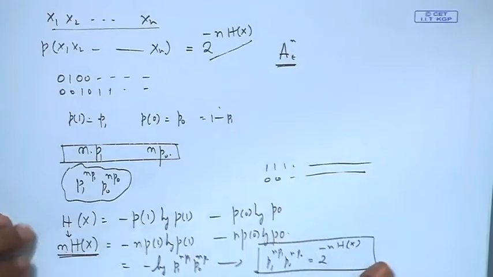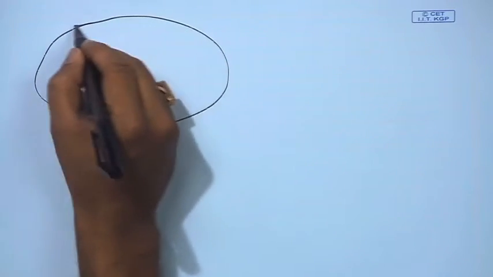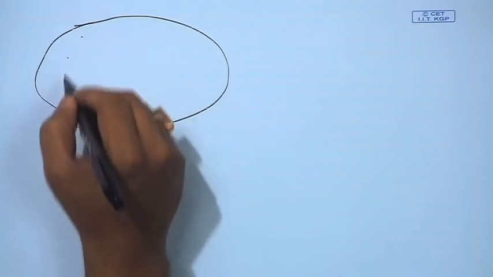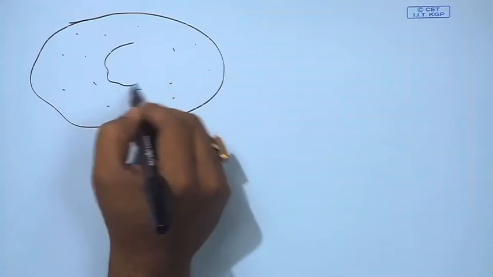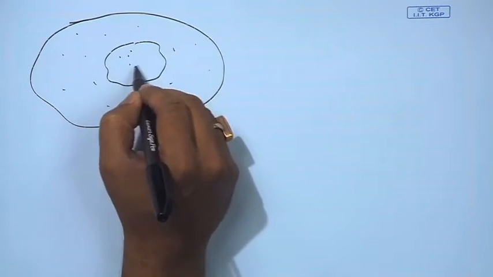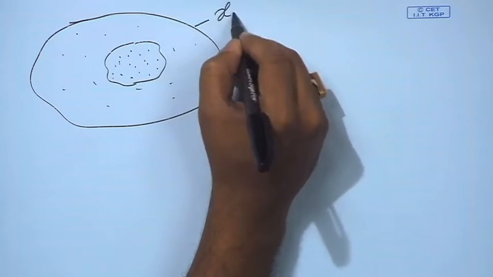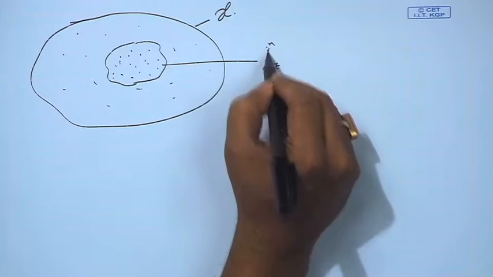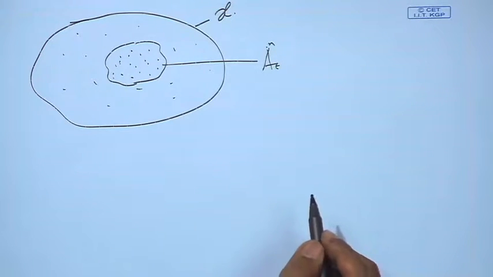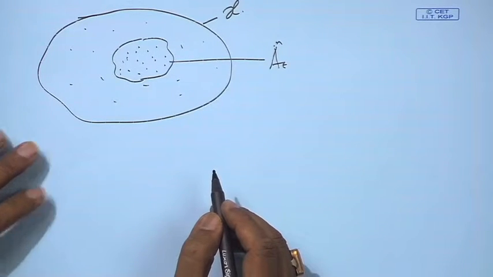If we consider a big set of sequences, we will find that there is a subset of sequences. This is the full set, and this is the set of typical sequences, usually indicated in this manner, which has all these sequences.